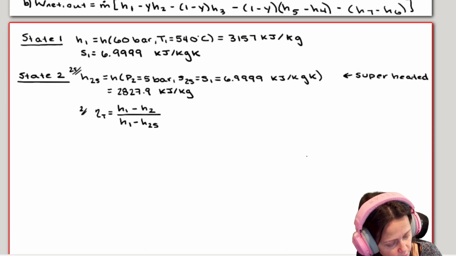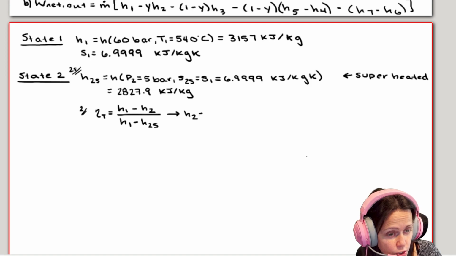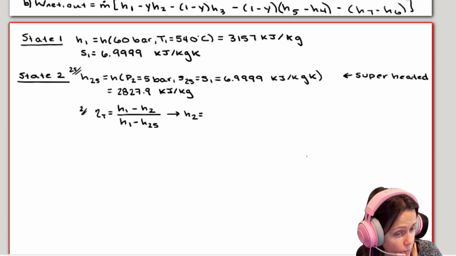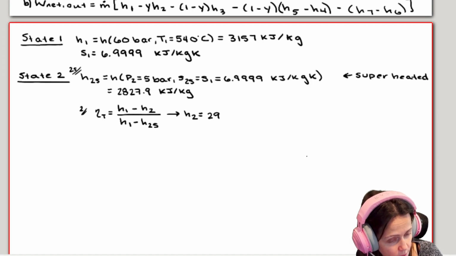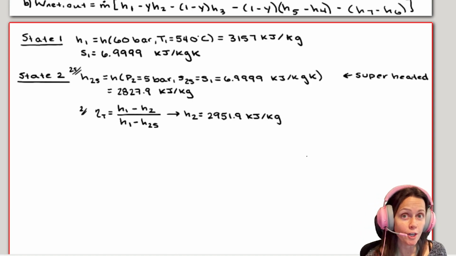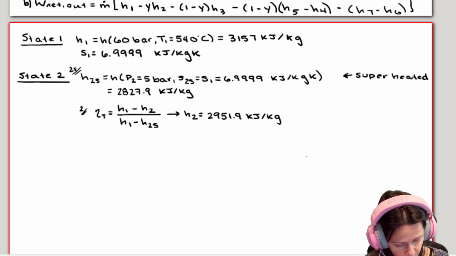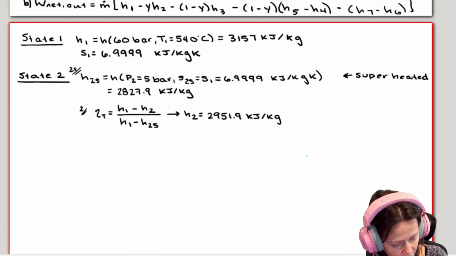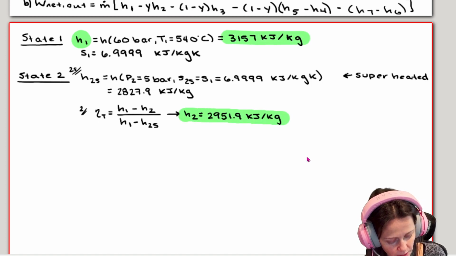It's just a matter of figuring out H2. So my H2 ends up being 2951.9. So now we got that. In fact, I think I want to highlight things as I get them. So I got that guy, got state 2, I'm all good there.